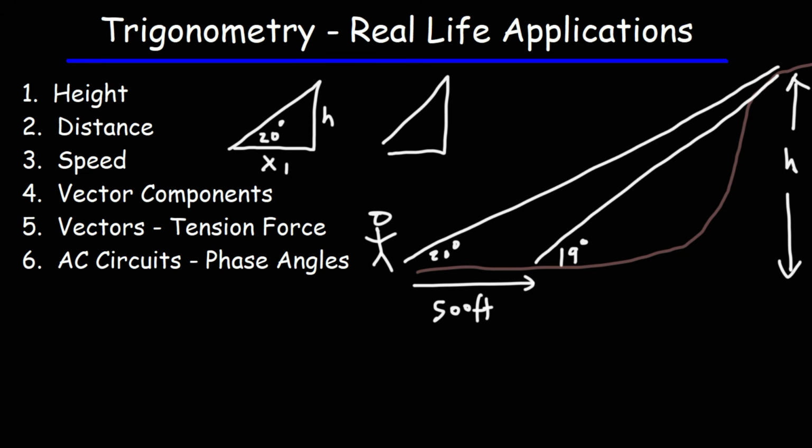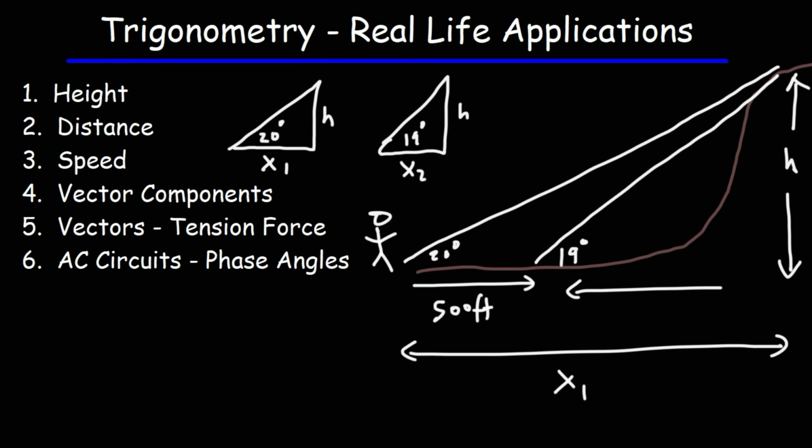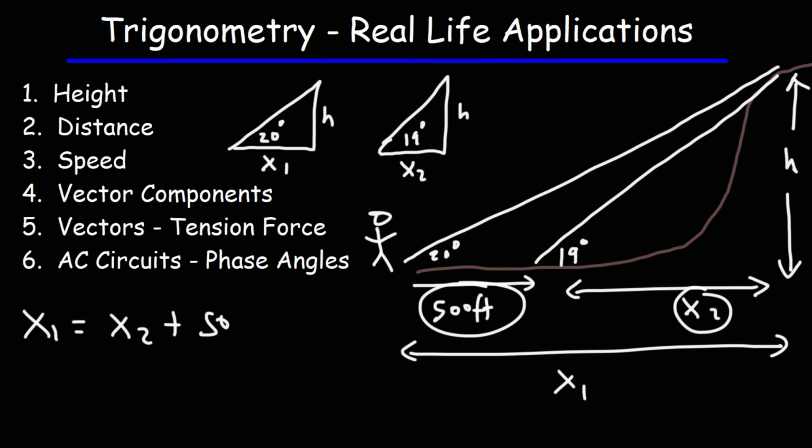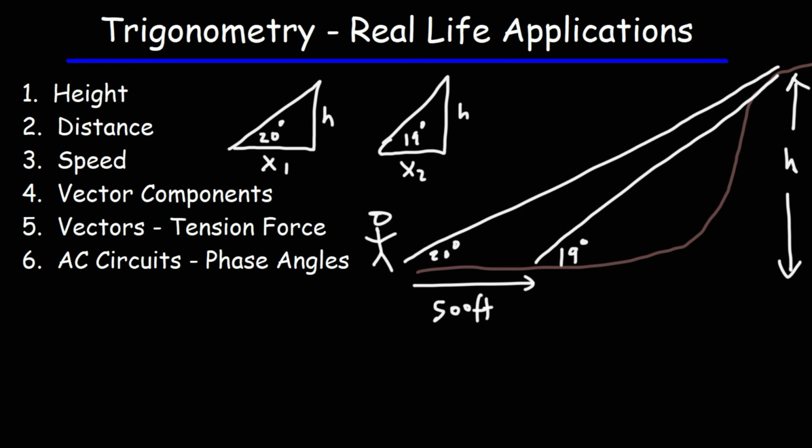Now for the second triangle, we have H, 19, and we'll call the distance between this point and the base of the mountain X2. Notice that X1 is the sum of X2 and 500. So we could say that X1 is equal to X2 plus 500. I'm going to write that here.